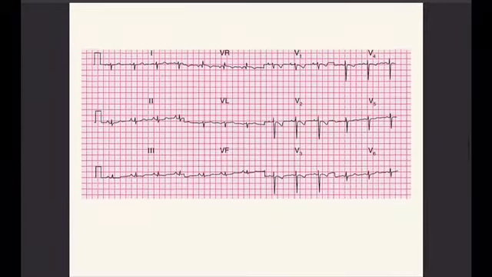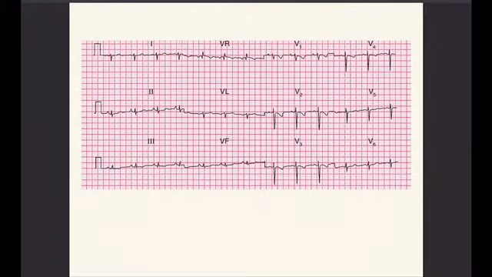Let's talk about the next ECG, and this ECG is because of pulmonary embolism. Pulmonary embolism is a cause of right ventricular hypertrophy, and this shows right ventricular hypertrophy. Why is this happening? You can see, guys, the right ventricle pumps the blood into the pulmonary artery.